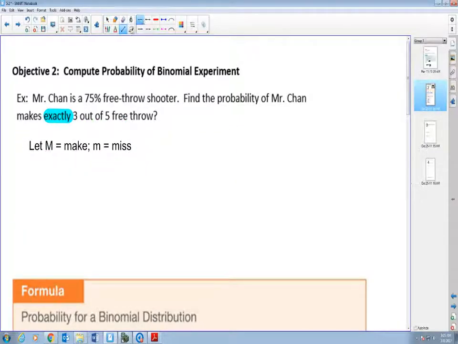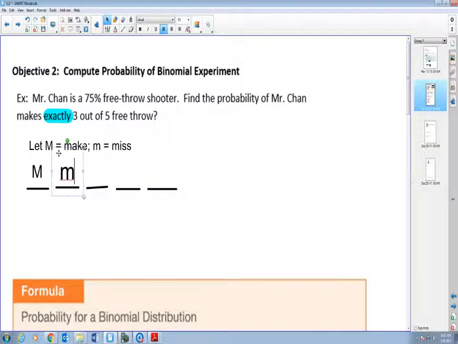If I'm going to shoot a free throw 5 times, I need to make exactly 3. That means I can make the first one, miss the second one, make the next 2, and miss the last one.